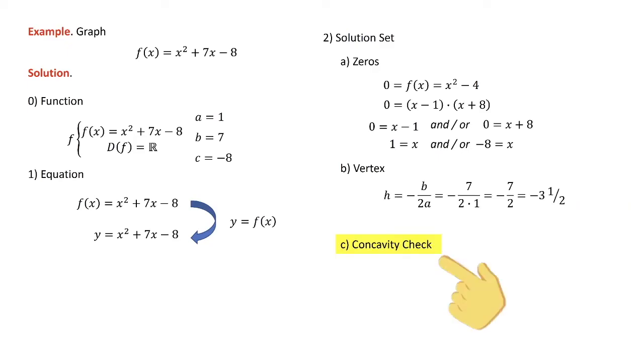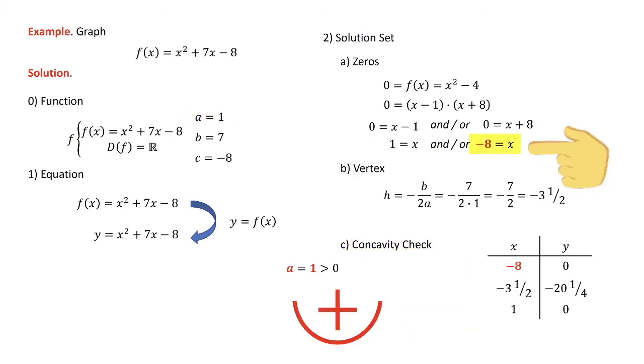And then I'm going to do my concavity check. a is 1, so it's positive, so it's going to be like that. All right? Now let me get my data. If x is minus 8, I know y is 0. I don't have to do anything fancy. If x is 1, y is 0.